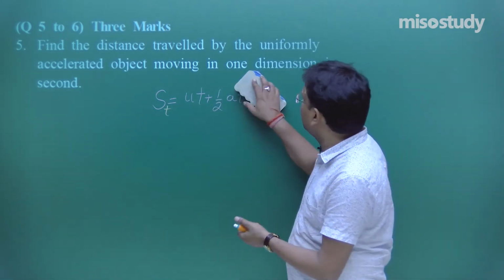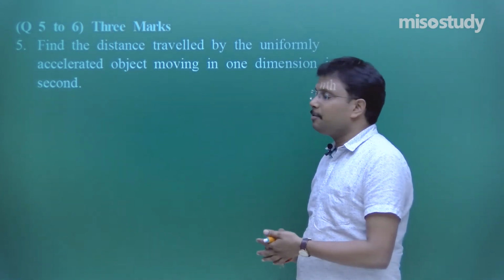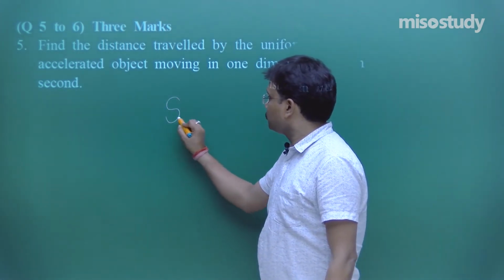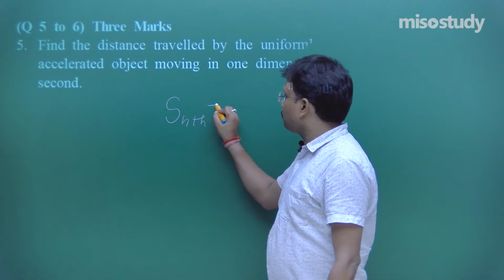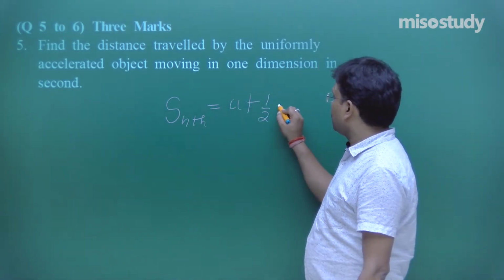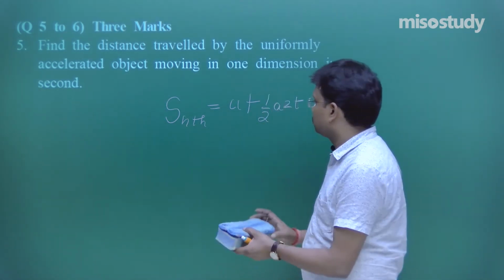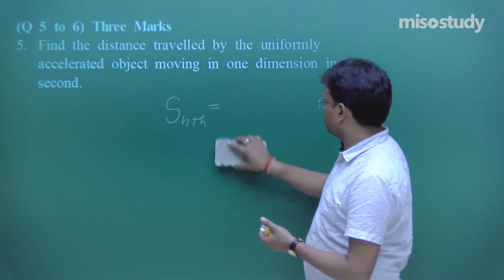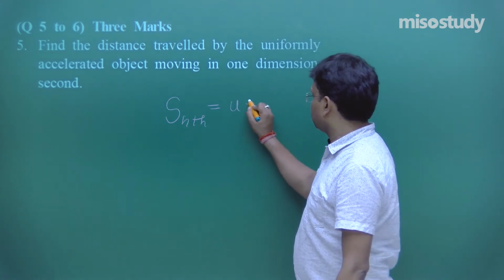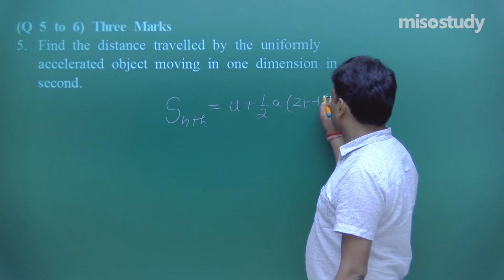The final result: distance travelled by any object in nth second is S nth is equal to u plus half a (2n minus 1).